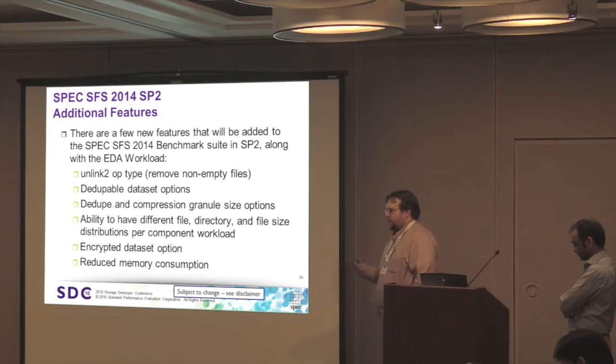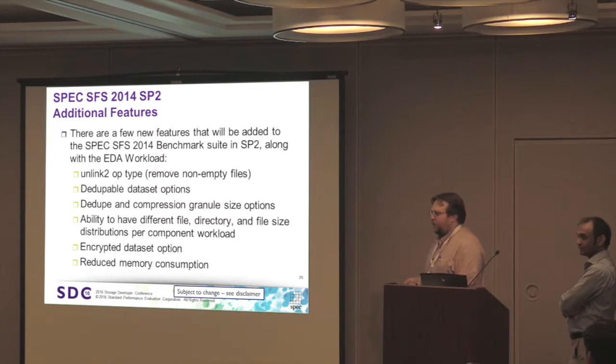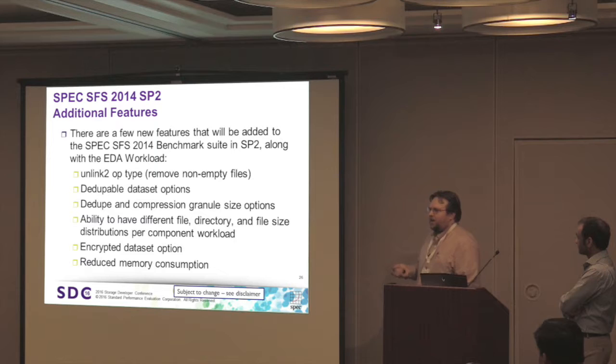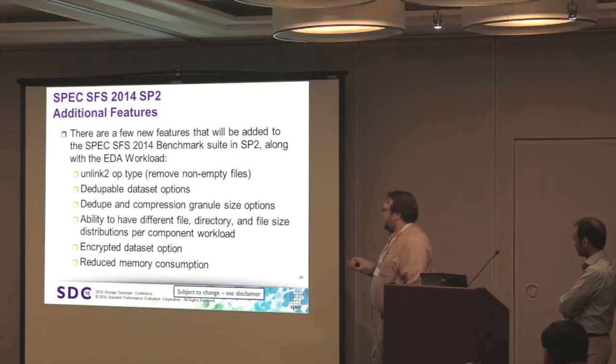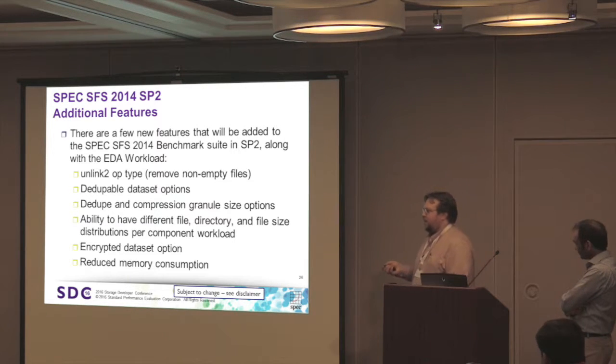We're still working out all the details on what that means for standard workloads, but the options will be there in this release to at least play with internally for engineering purposes. And because we gave you the option to set a dedupe granule size, we are also giving the option to set a compression granule size because, if your compression granule size is bigger than your dedupe granule size, you will probably not get what you expect, as you may be able to figure out.